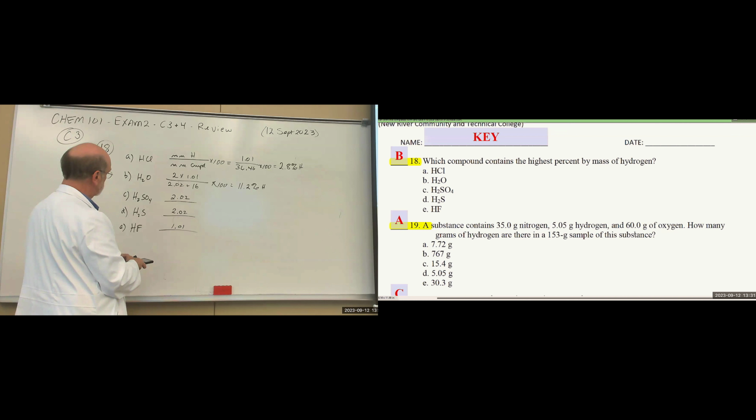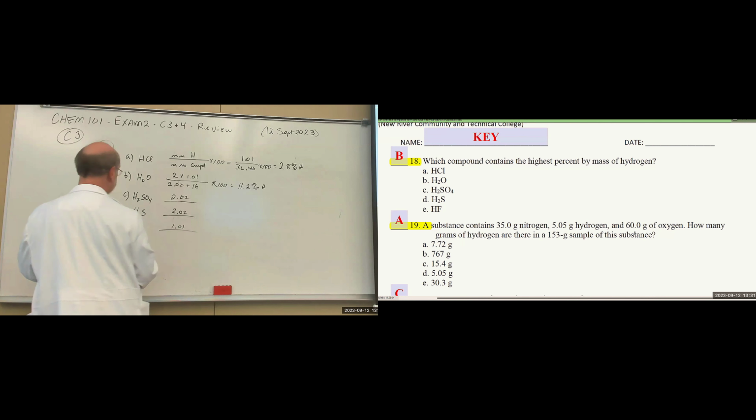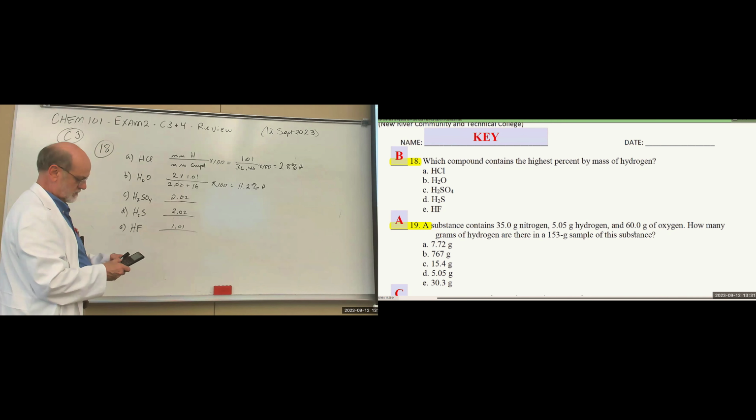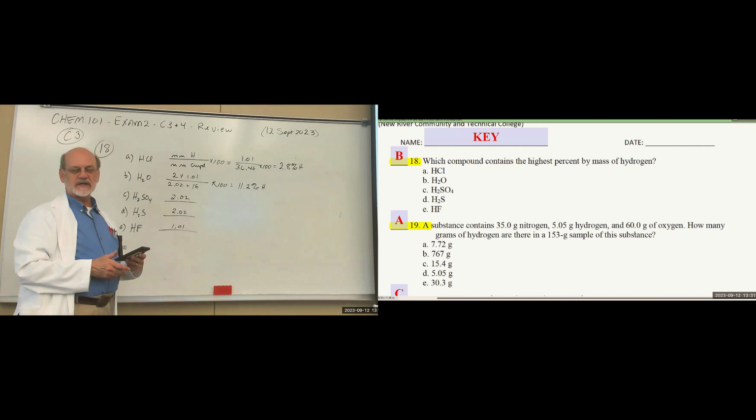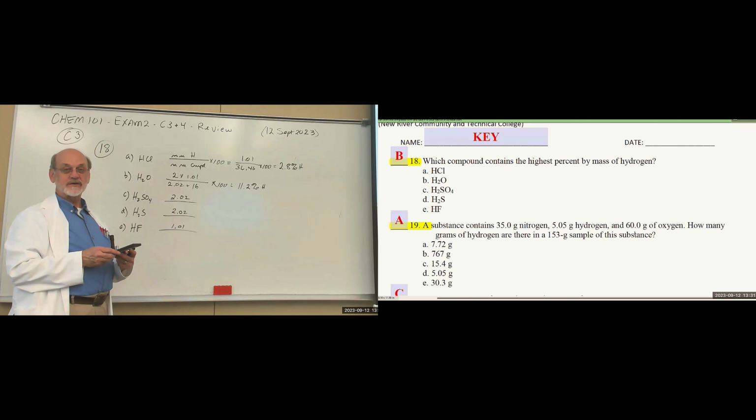So 2.02 plus sulfur, 32.07. And 4 oxygens. 4 times 16 is 64. 16 times 16 is 32, and 2 times that is 64.